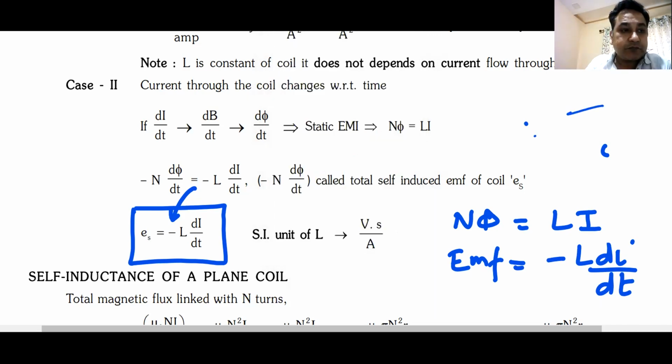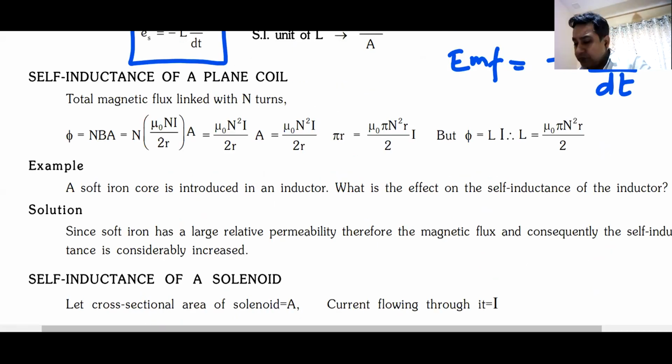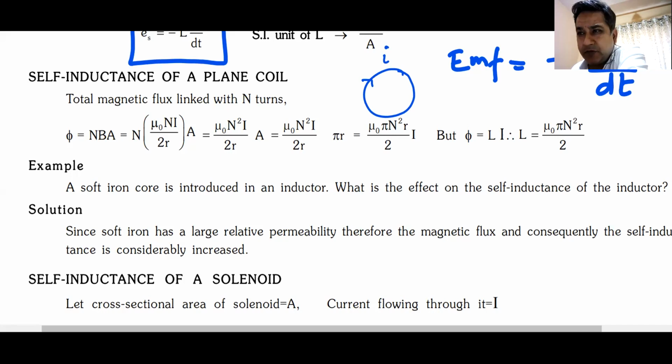Now, what are the ways in which you can calculate the self-inductance of a coil? Basically, if you have a circular coil, for example, you assume that a current I is flowing in the coil. Because of this current I, you find the magnetic field created by the coil.